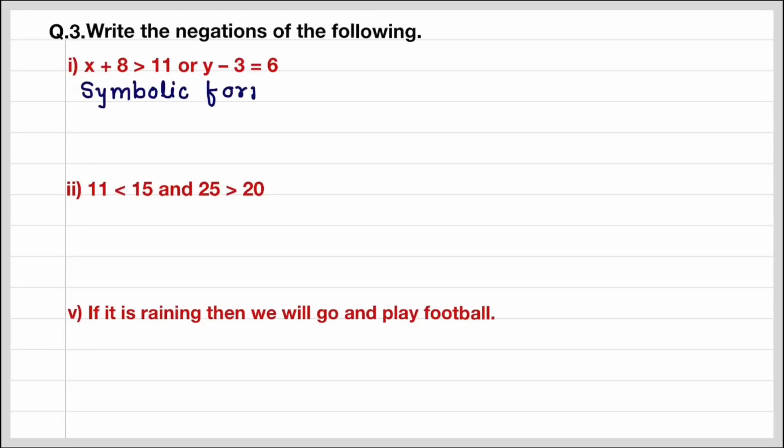Therefore the symbolic form of the statement is P or Q, disjunction of P and Q. Therefore its negation, negation of P or Q, is negation of P and negation of Q. This is known as De Morgan's law.